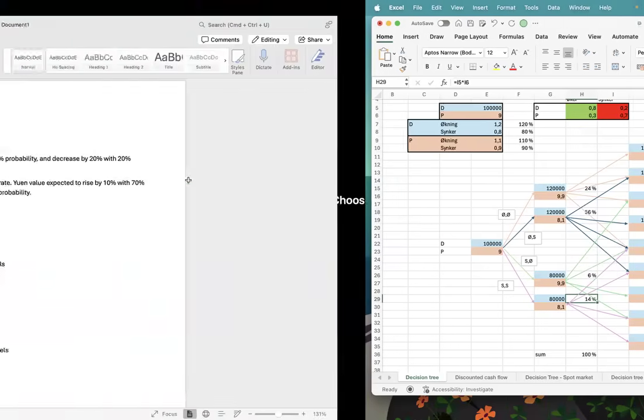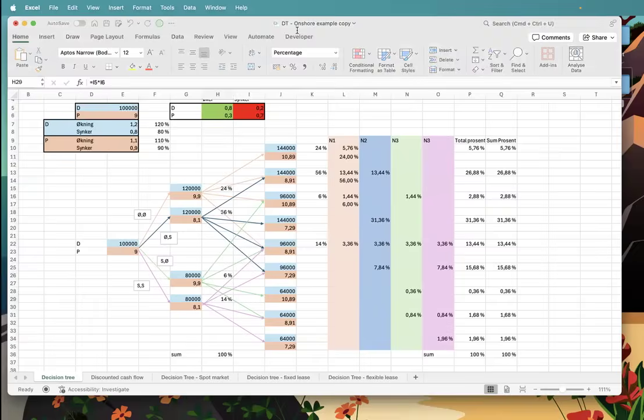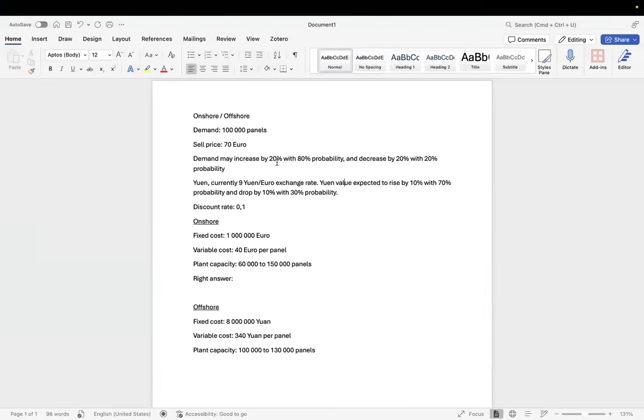So first, this is our onshore example. In our onshore example, we have a fixed cost of 1 million euros. Our variable cost is 40 euros per panel, or whatever we produce. And our plant capacity is 60,000 to 150,000 panels.